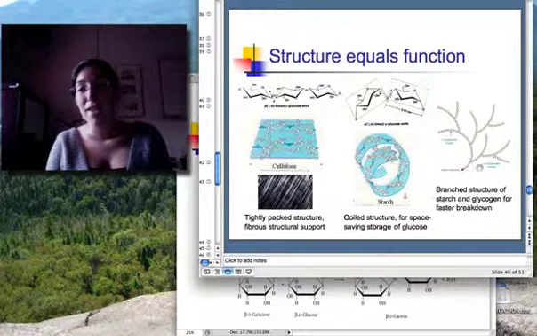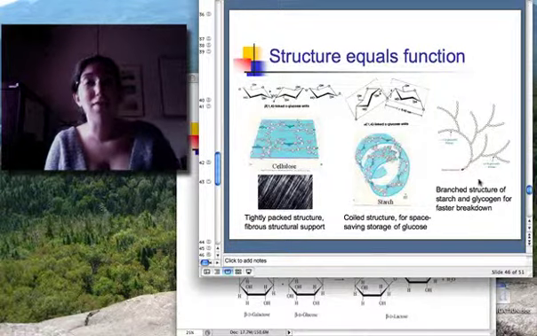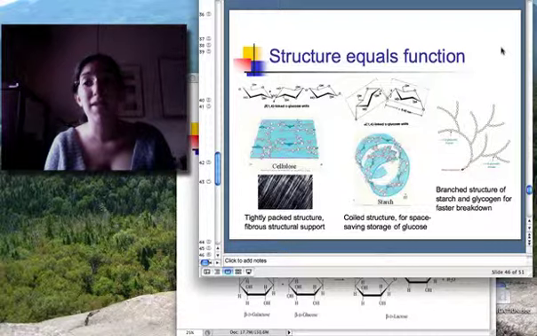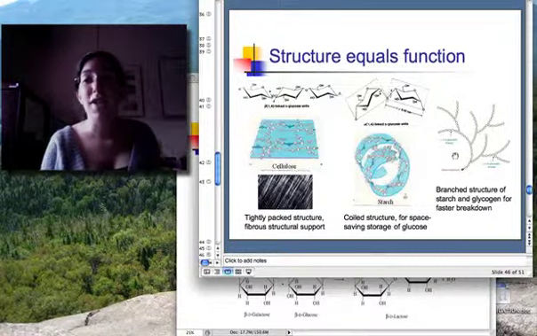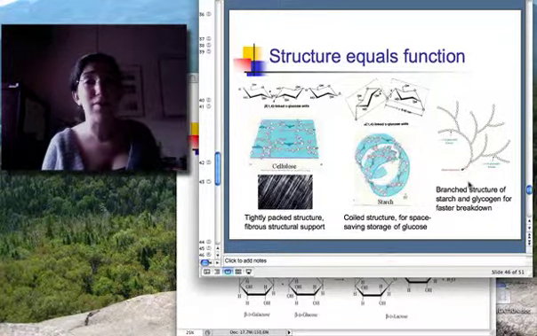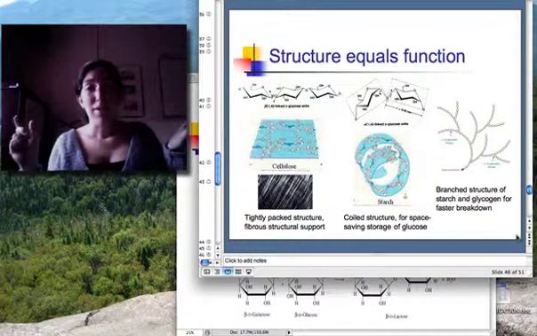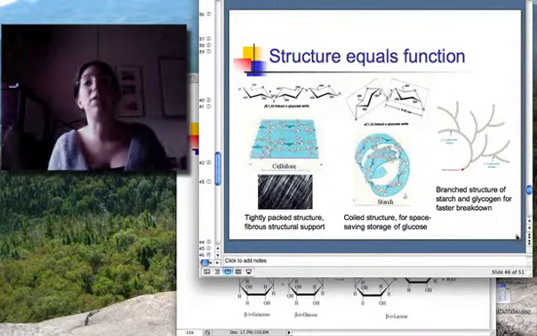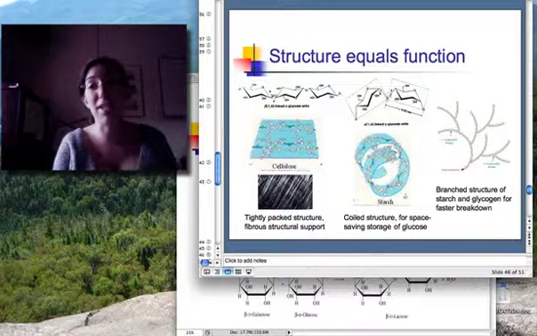And the branch structure of amylopectin and glycogen are adaptive because when it comes to breaking down these molecules to get glucose from them, the breakdown doesn't usually occur in the middle. It usually occurs right at the end. Only the glucoses at the ends of the molecule can get cut off to make free glucose for making ATP and energy.